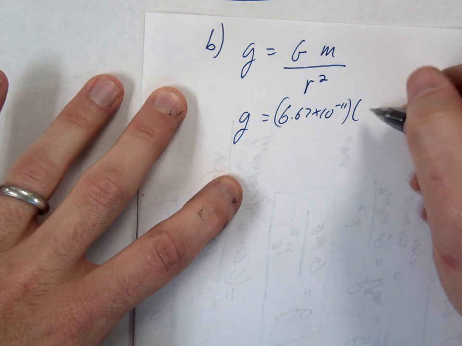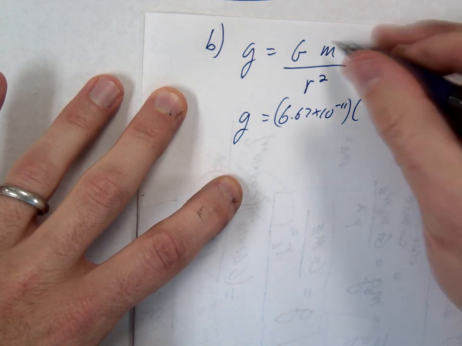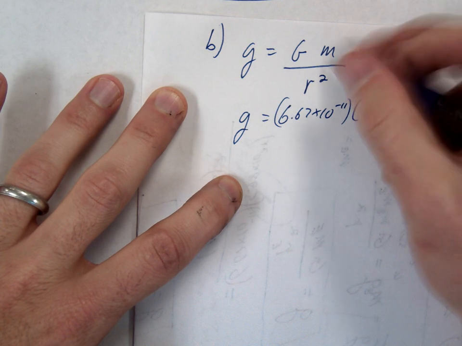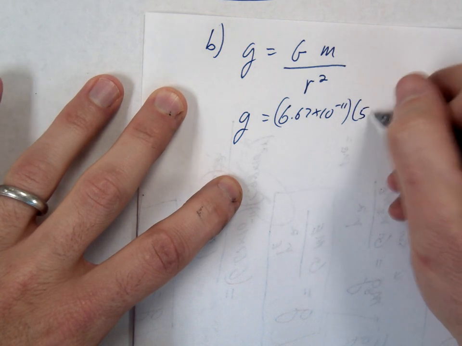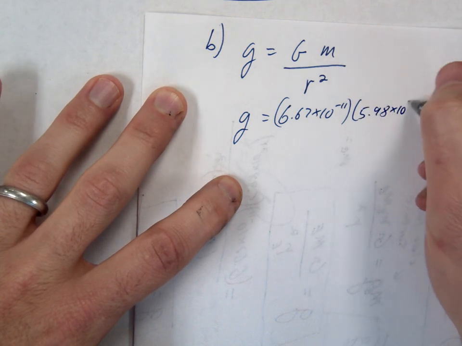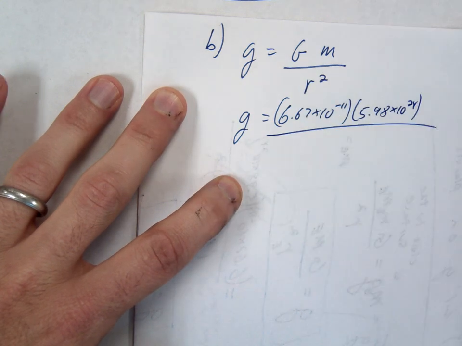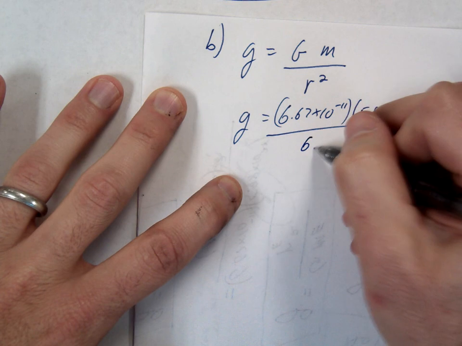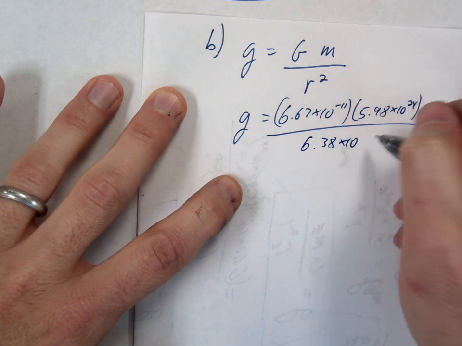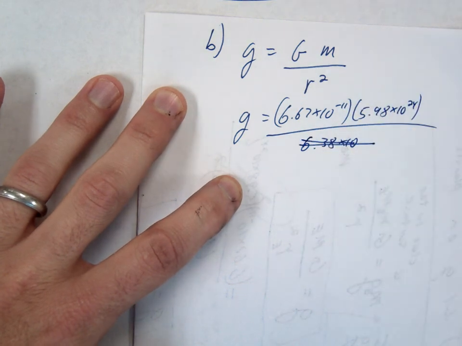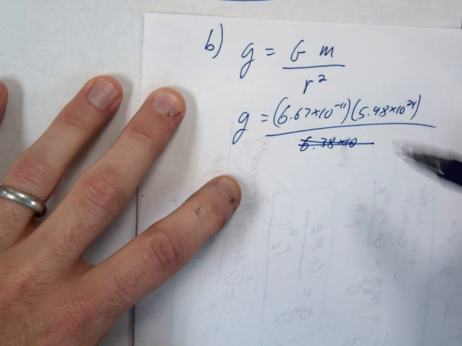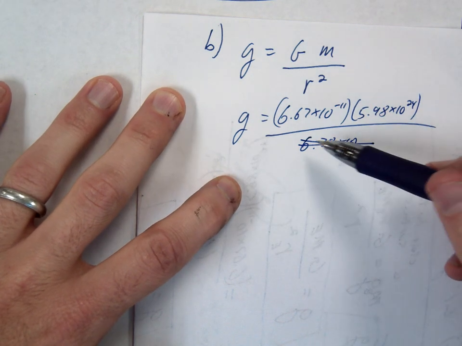667, 10 to the negative 11th. Which mass is this? The Earth. 598, 10 to the 24th. Divided by r squared. 638, 10 to the, nope, that's wrong. I'm glad I did that so you can see what a lot of people do wrong. What should I be doing?